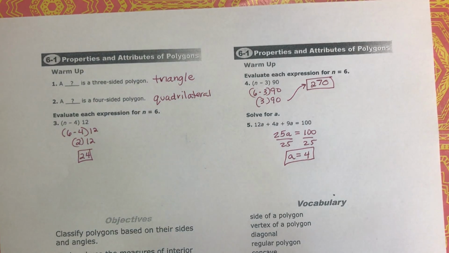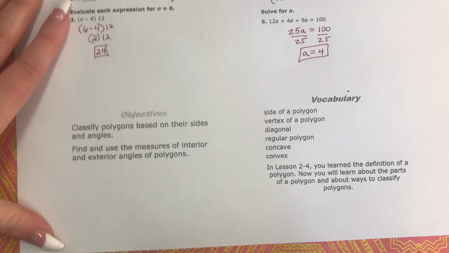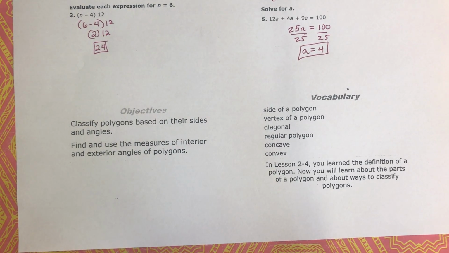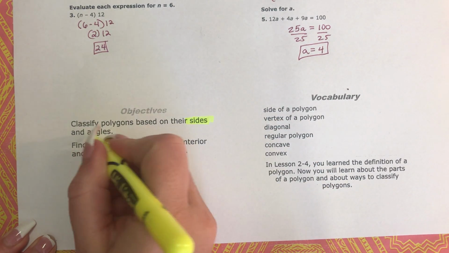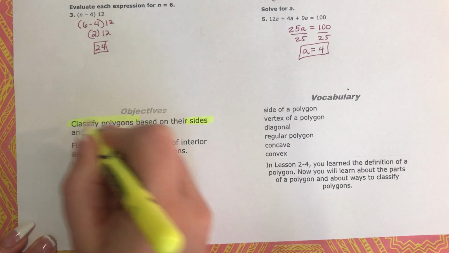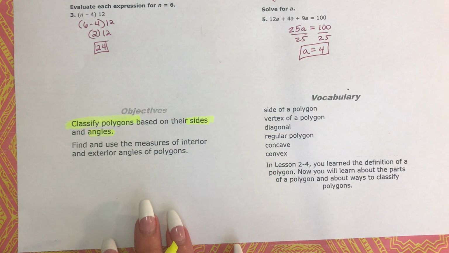Okay, let's go ahead and get started with our lesson. Let's talk about the objectives first. So the objectives for this lesson are to classify polygons based on their sides and angles. So we're going to be doing it 2 different ways. Classifying polygons just means putting a name on a figure.